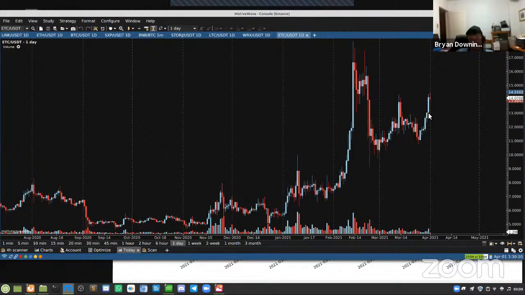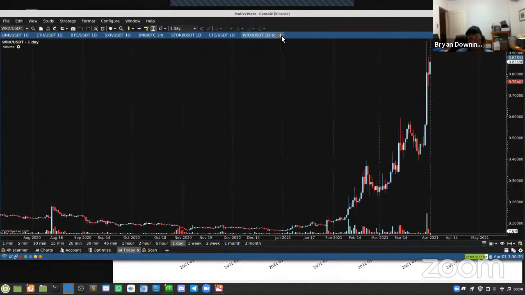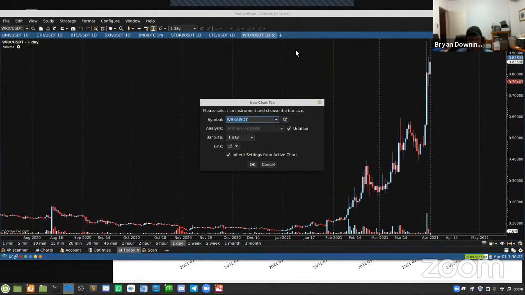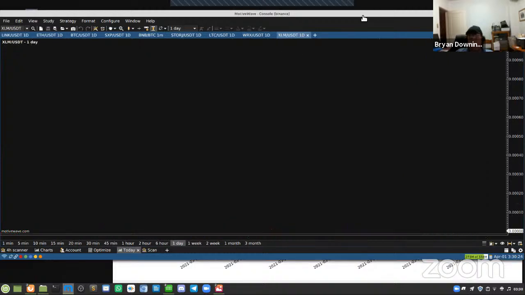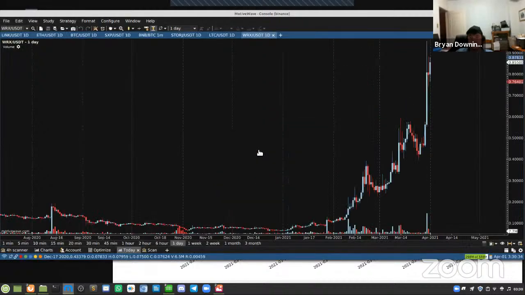XLM, which is Stellar. Let's see how that's doing. Yeah, very weak movers there, but that was 8 positions, 62% win. ENJ seems to have lost its momentum.